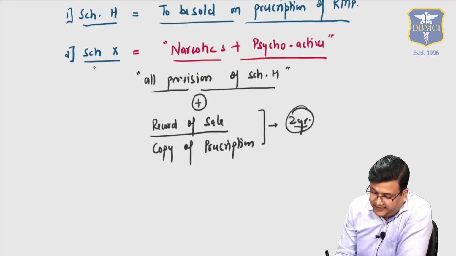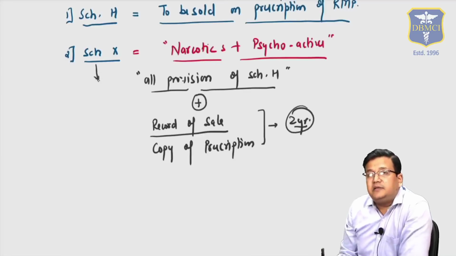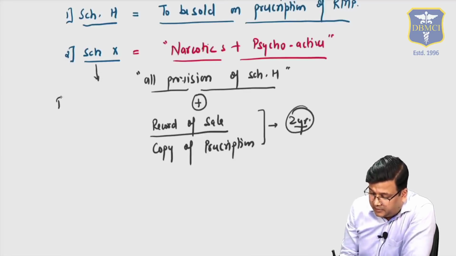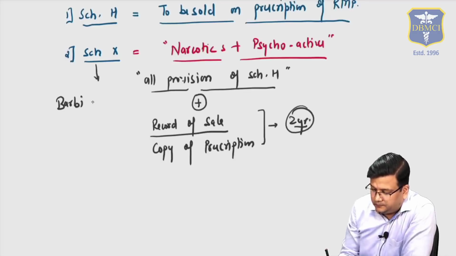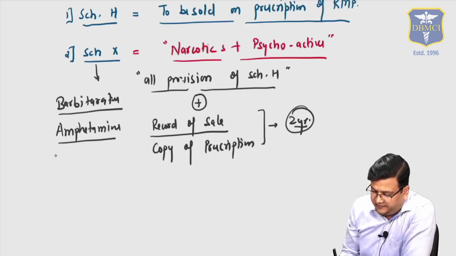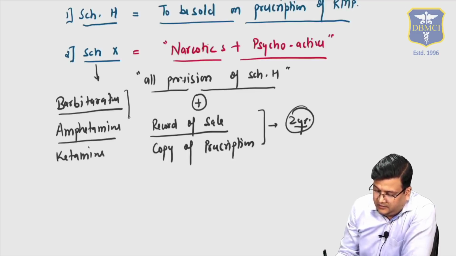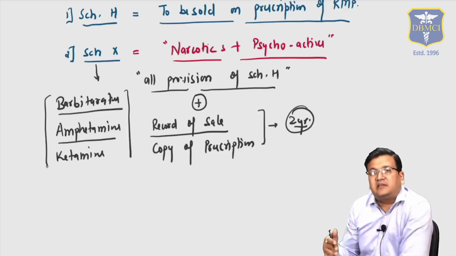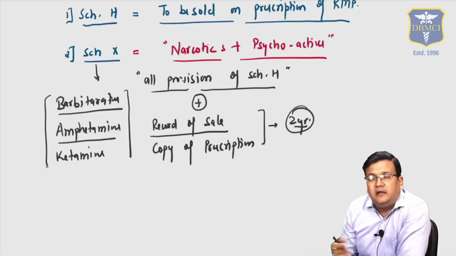Now what are the important examples of drugs that are covered in this schedule? So one is barbiturates, then we have amphetamines, then we have ketamine, and we also have various other drugs like methylphenidate and phencyclidine.